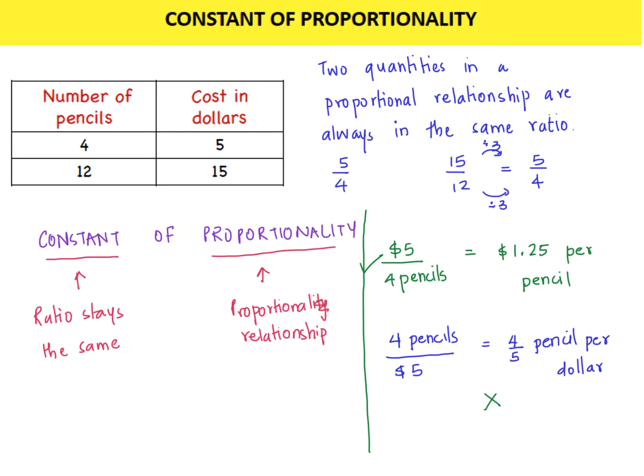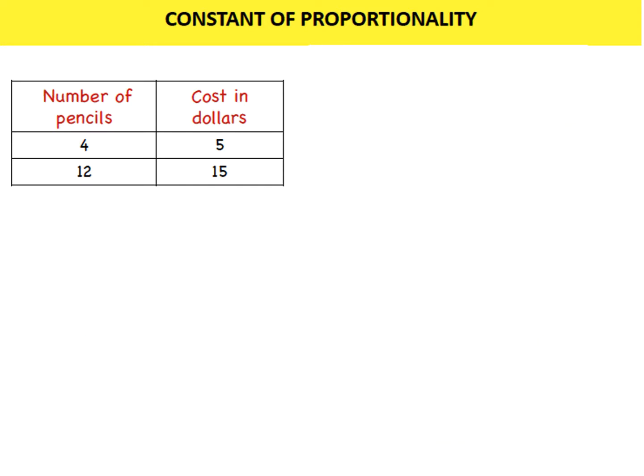Since with every proportional relationship you actually get two unit rates, the constant of proportionality is more formally defined by independent and dependent variables. So let's look at the formal definition of constant of proportionality.